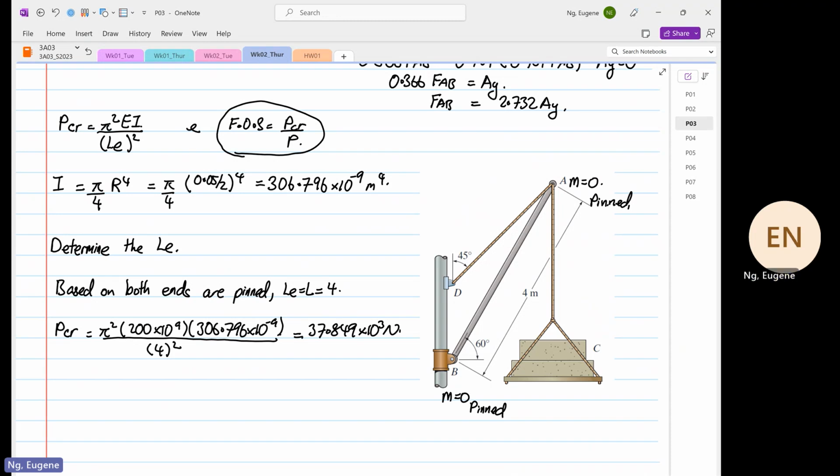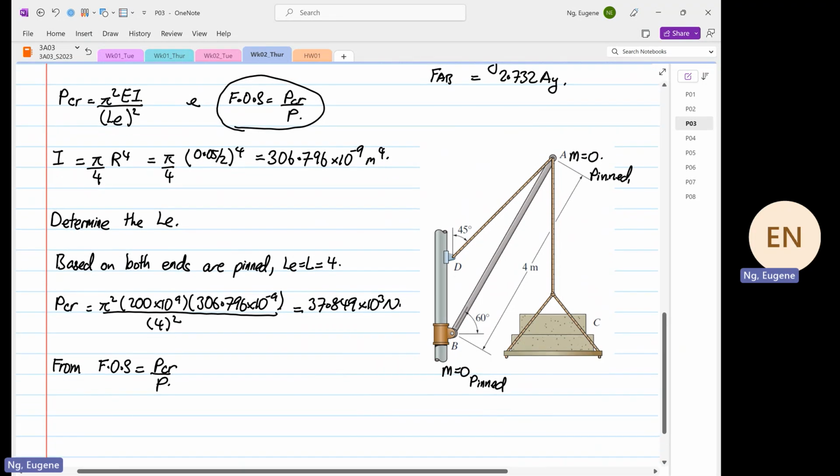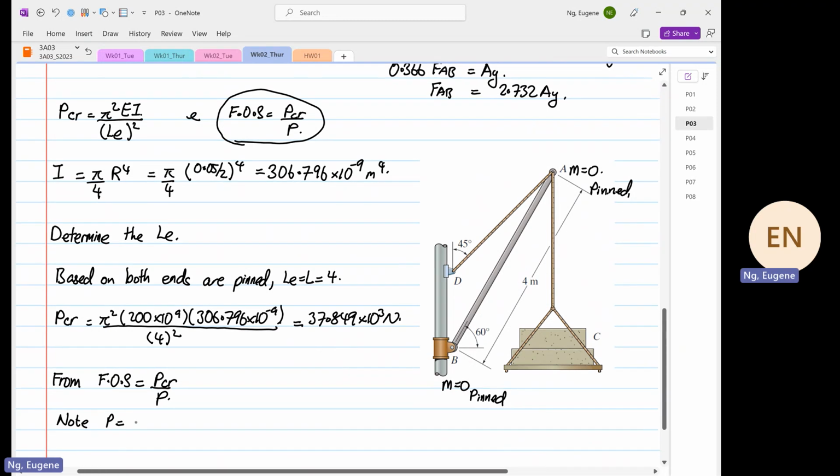So the factor of safety is equal to P critical over P. We also know that P is equal to 2.732 AY.